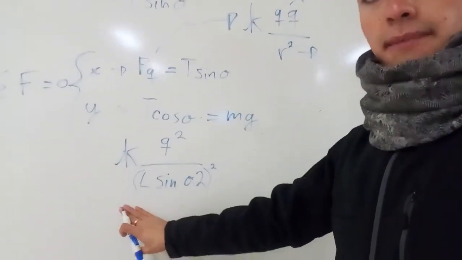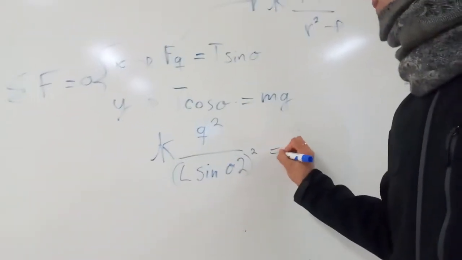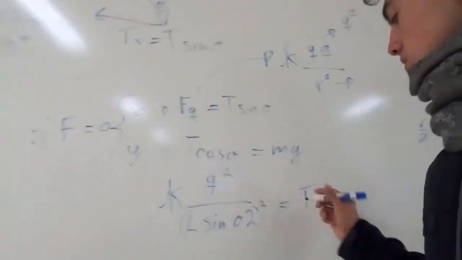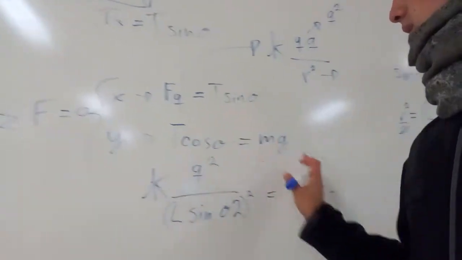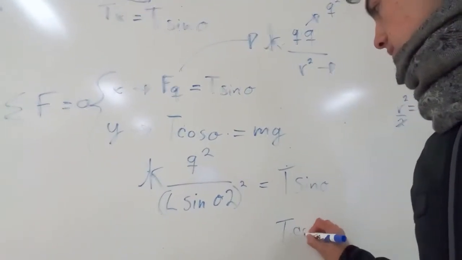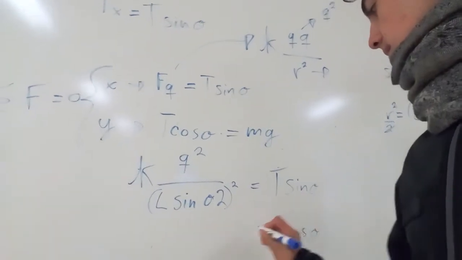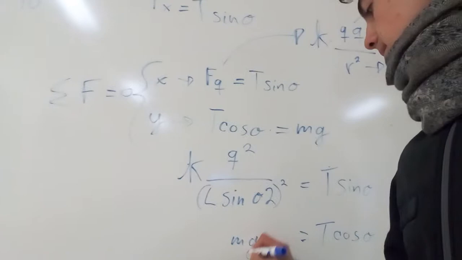This is equal to the tension times the sine of theta, and we have the tension times cosine theta, which is equal to mass times gravity.